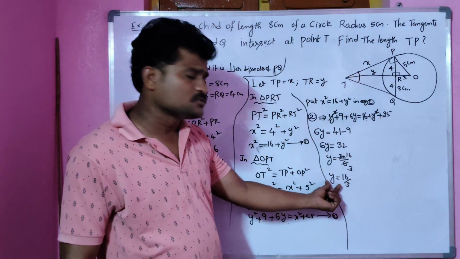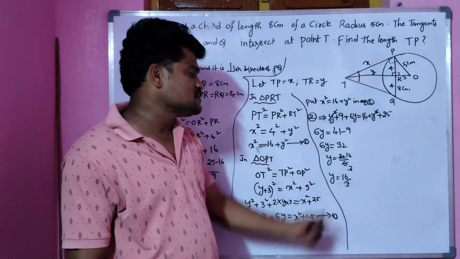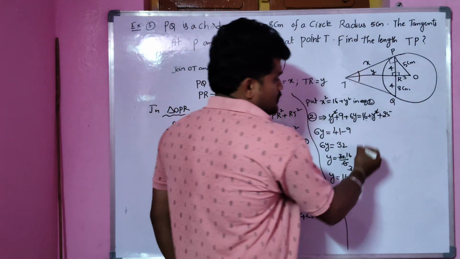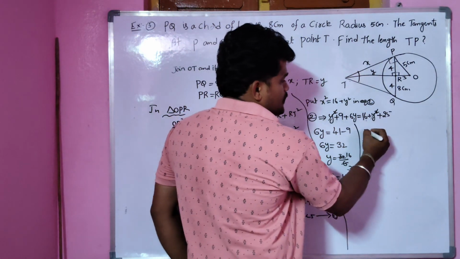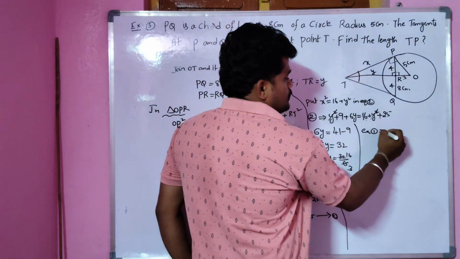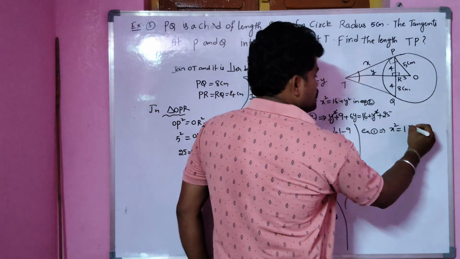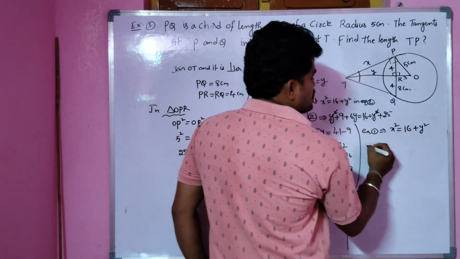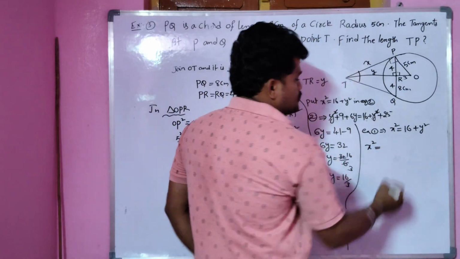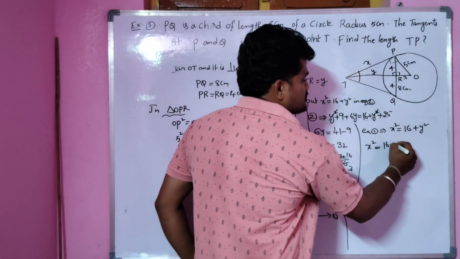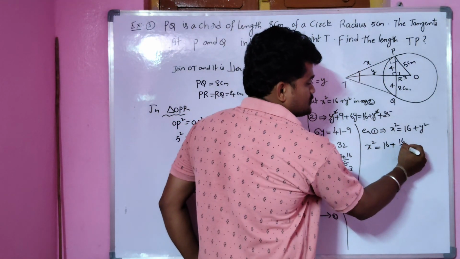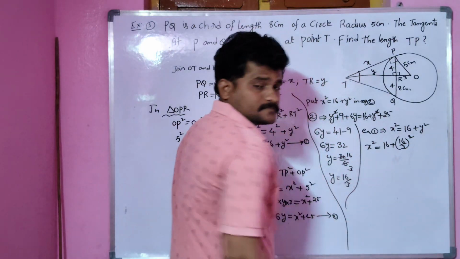So I'll put y is equal to 16 by 3 in equation number 1. So x square is equal to 16 plus y value, 16 by 3 whole square.